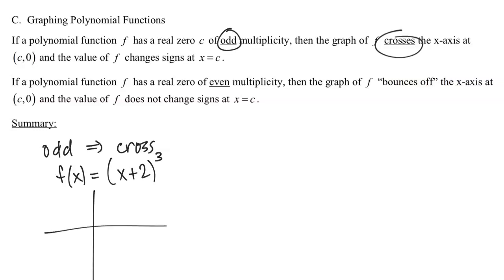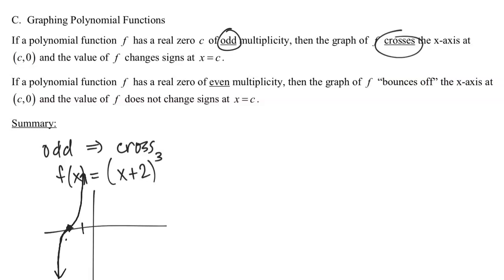In that particular case, I'm going to have a zero here at -2, and the graph is actually going to cross the x-axis at -2. And more specifically, it's going to cross the x-axis like a cubic function does. It's going to sort of flatten out and not just cross straight through, but actually kind of flatten out at that particular zero.